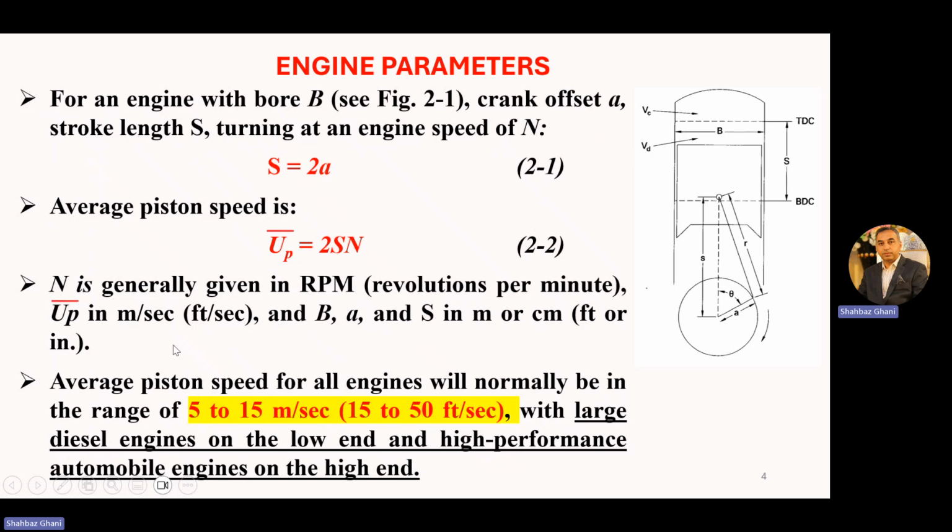The average piston speed, the UP bar of an engine, is in the range of 5 to 15 meters per second, with large diesel engines on the lower end nearer to the 5, and high performance automobile engines on the high end nearer to the 15 side. Remember this range in your mind because we will be referring to this range when we will be solving the example. So 5 to 15 meters per second is the average piston speed range.